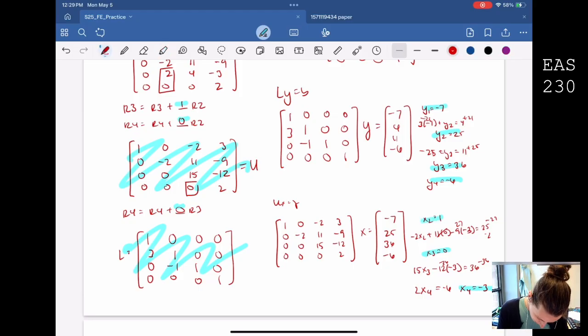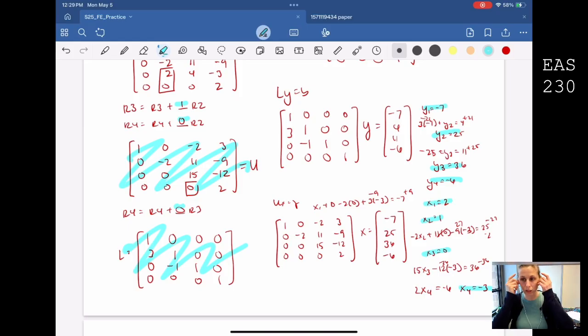And then from the last equation, x1 plus 0 minus 2 times x3, which is 0, plus 3 times x4 equals -7. So this is -9, so plus 9. So x1 ends up being +2. And there we go. We have solved the system of equations using our L and U.